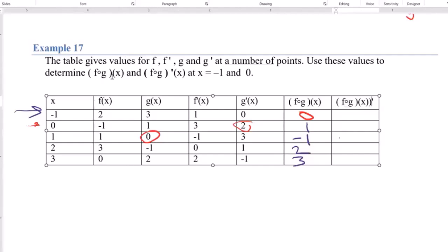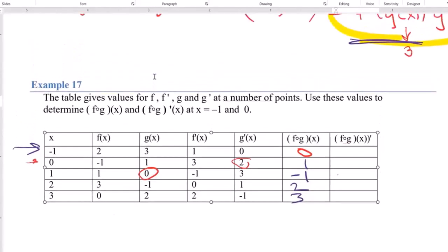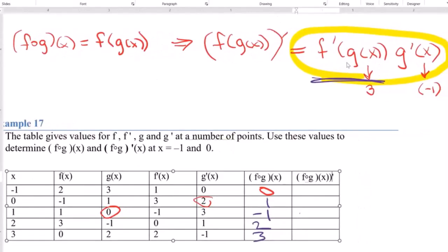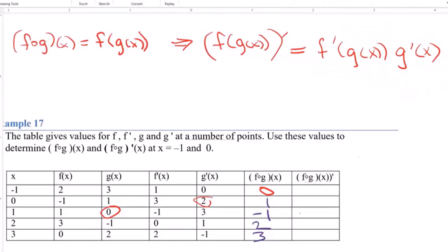f composed with g of x, now we have to do the derivative. And we wrote it up here. The derivative of that function is f prime of g of x times g prime of x. This is equal to, well, when I plug in x equals -1.